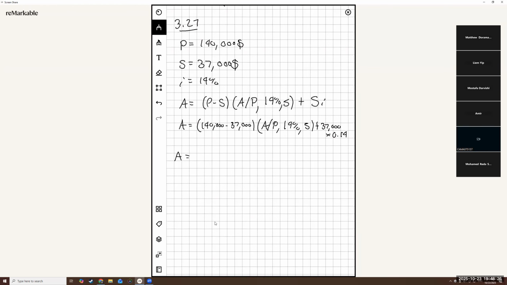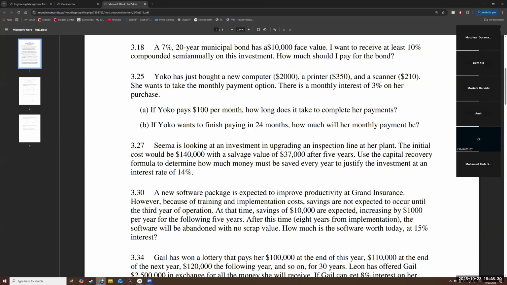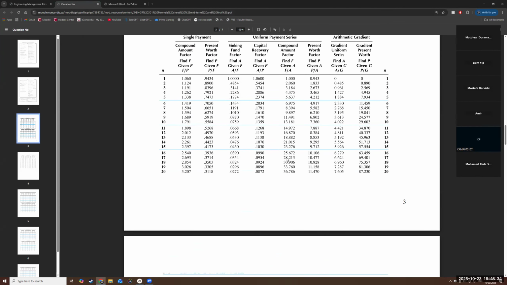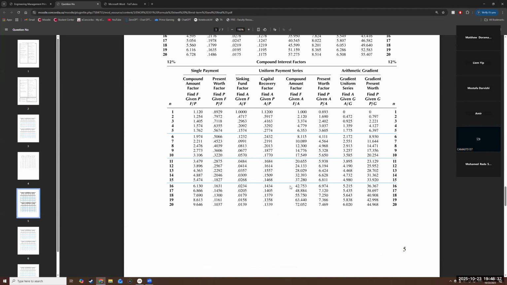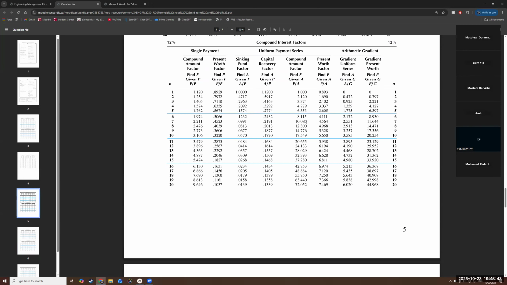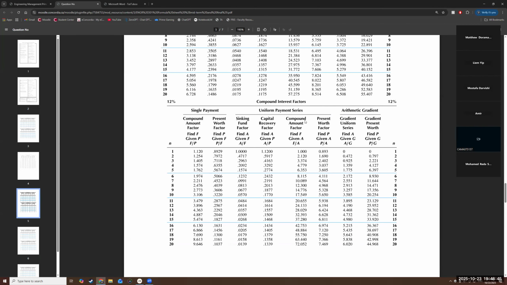Okay, so what does this value come out to? Let's try one more time and see if the table helps us here. And we don't have 14%, but what we can do is we can interpolate.